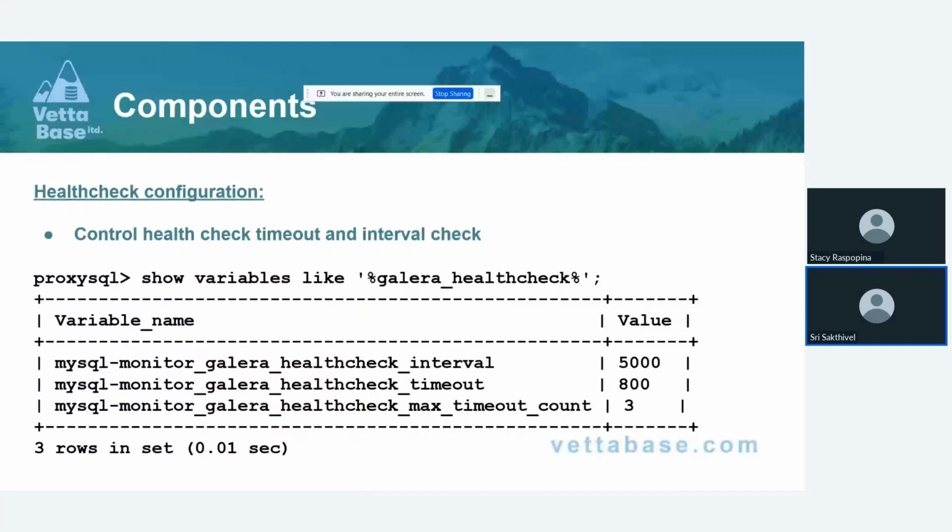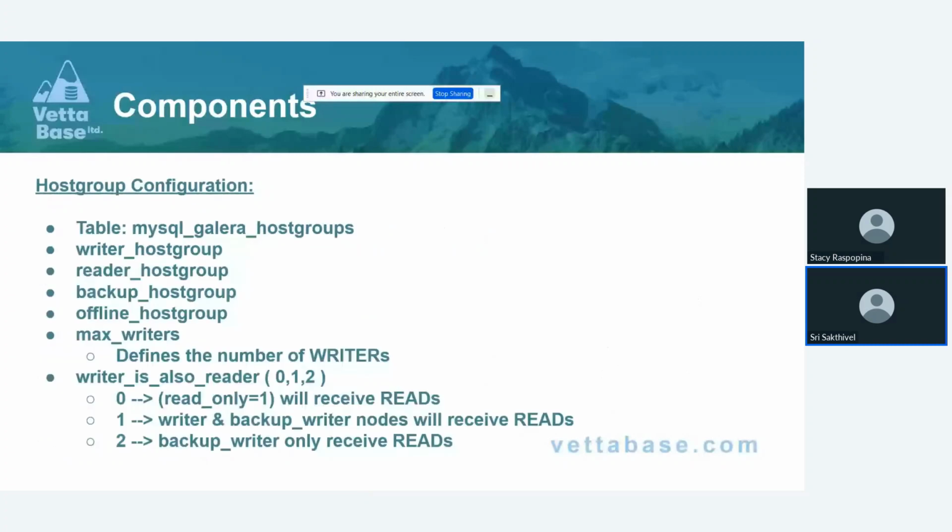And this is the host group configuration. This is completely about the table mysql_galera_hostgroups. There we have different columns: writer host group, reader host group, backup host group, offline host group, and max writers, which defines how many writers you want. You can also control this by setting read_only manually on your Galera node.